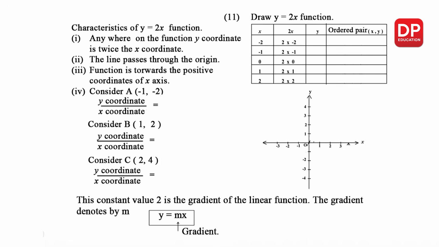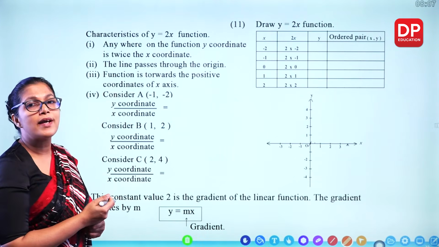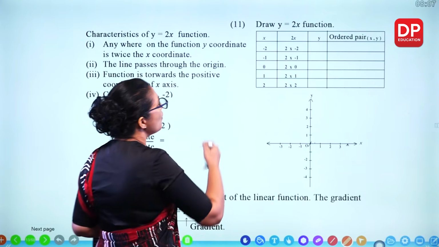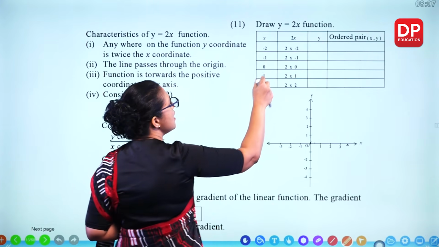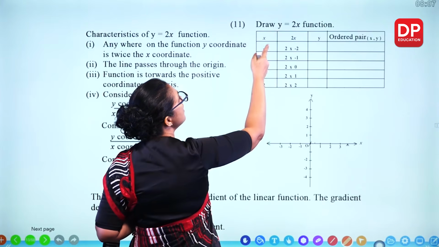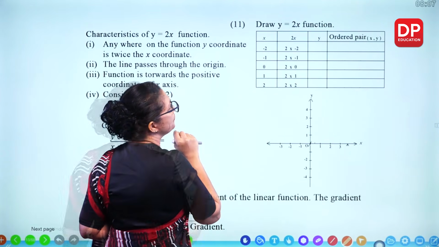Now look at this graph. The function y equals 2x. How do we draw it? We need x values and then multiply by 2. So we can take the x value. So I have taken -2 to +2.